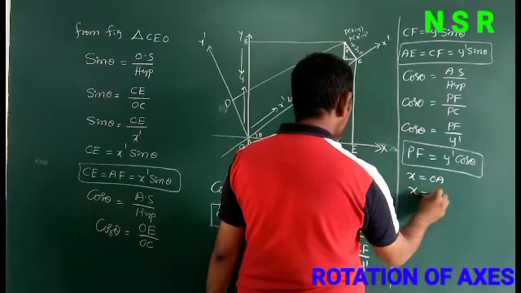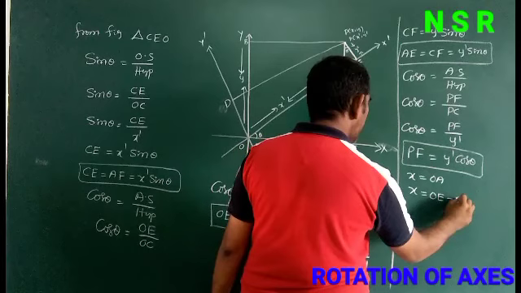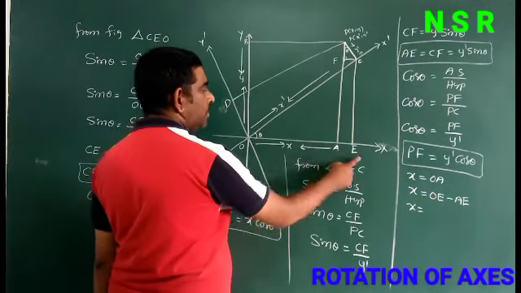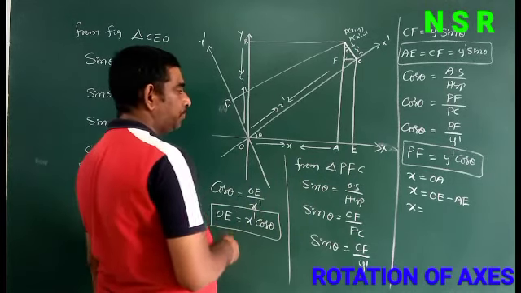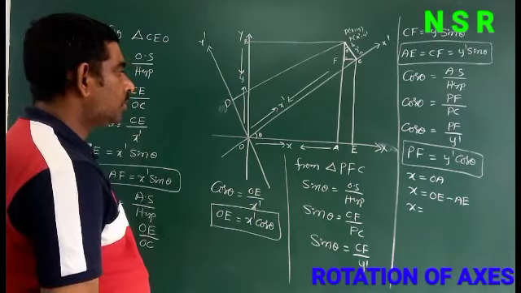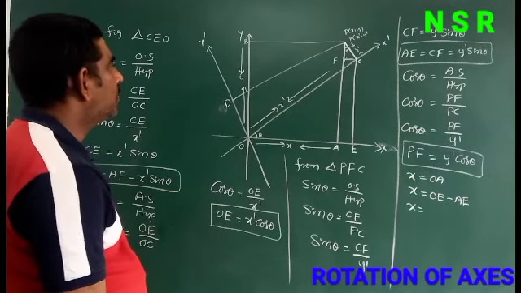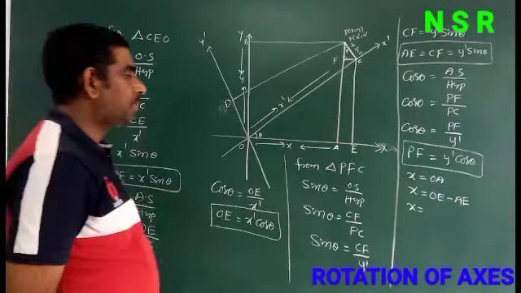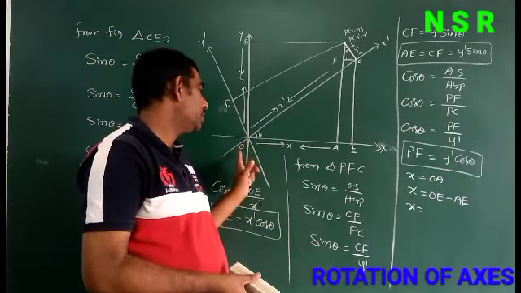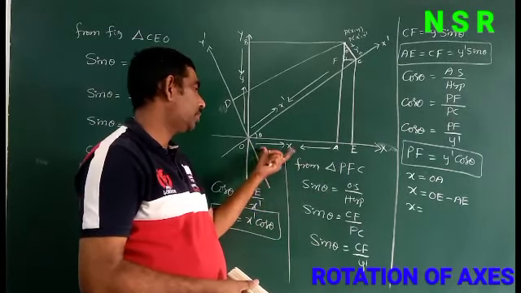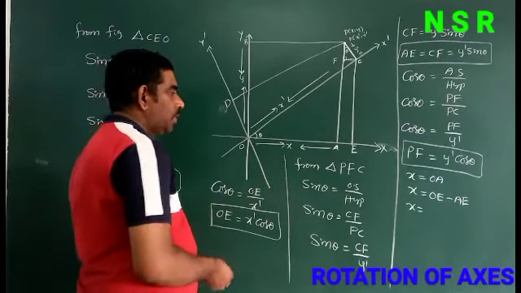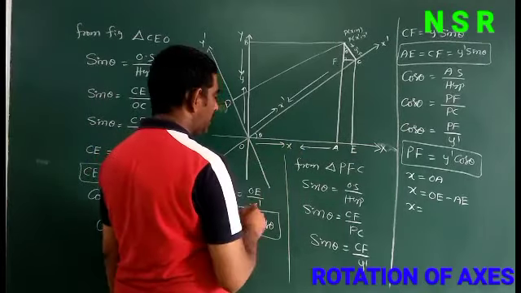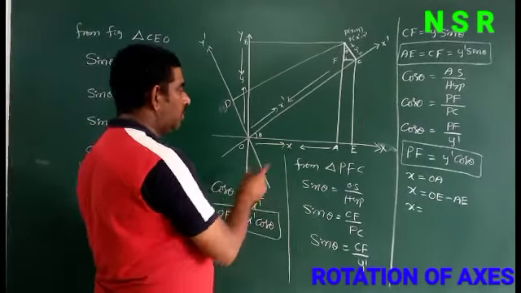So now x is equal to OE minus AE. Actually OE minus AE is equal to OA.